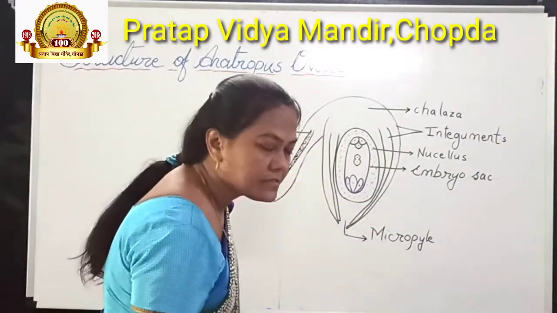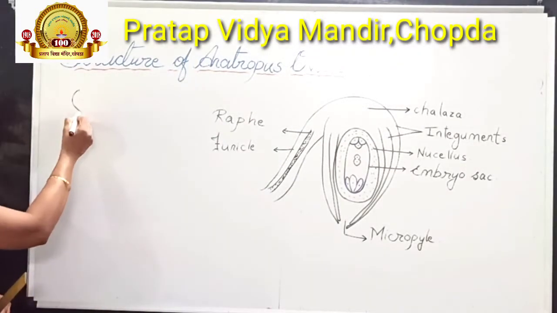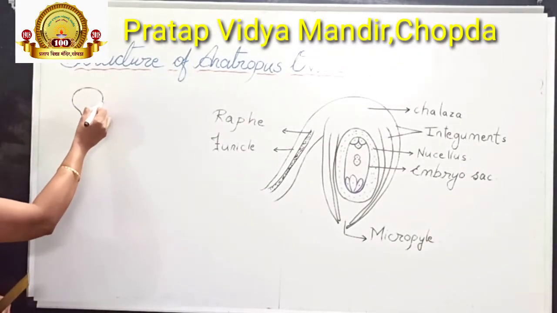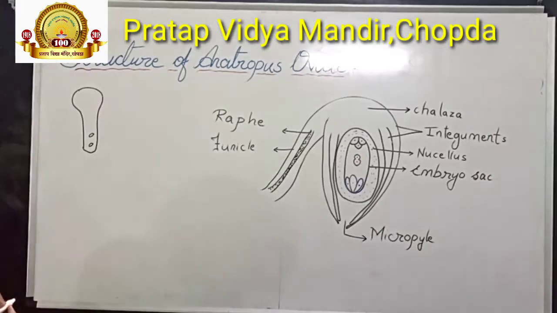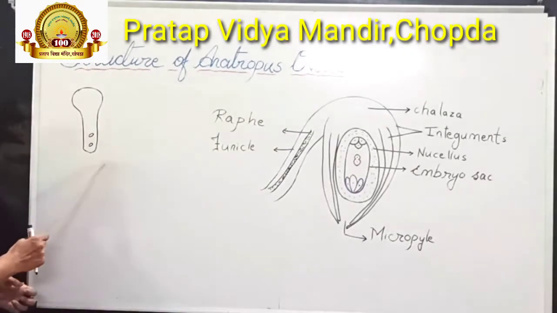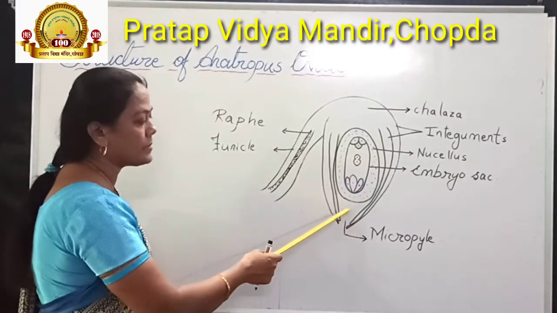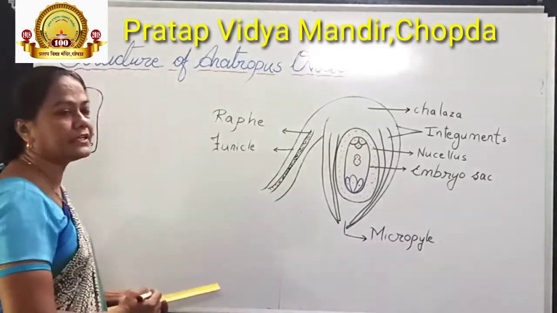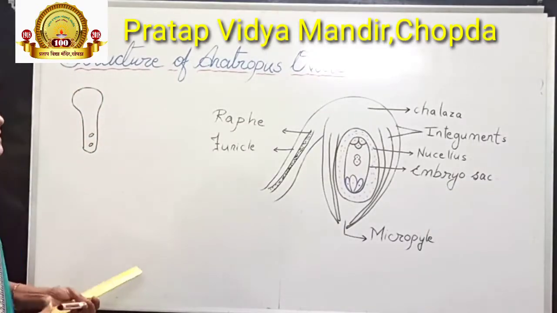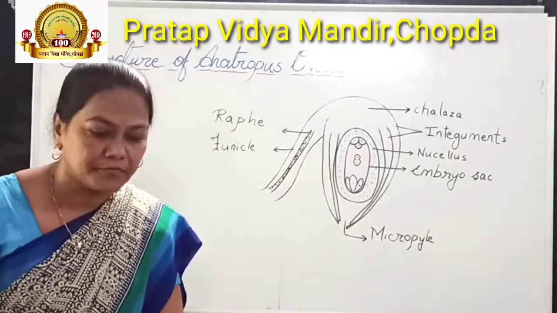In the previous lecture we have seen the pollen grain. It consists of a pollen tube and this pollen tube has two male gametes. These two male gametes have to enter through the micropyle into the embryo sac, and then the fertilization process will take place in the ovule. What is fertilization? That we'll see afterwards.